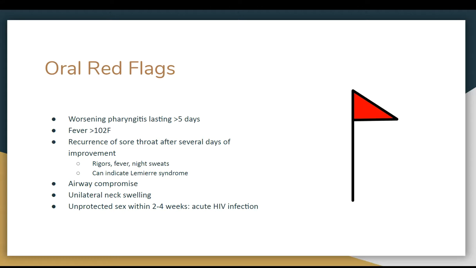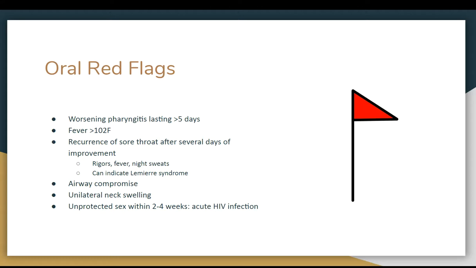It is possible. Most of the time we think of pharyngitis as being relatively self-limited, even if it's a strep infection. There is a type of infection called Lemierre syndrome that is a bacterial infection caused by Fusobacterium species, and this is going to test negative with the strep test, but it can be potentially life-threatening. And the natural course of this disorder is that the patient will initially get better and then get worse again after 5 days.